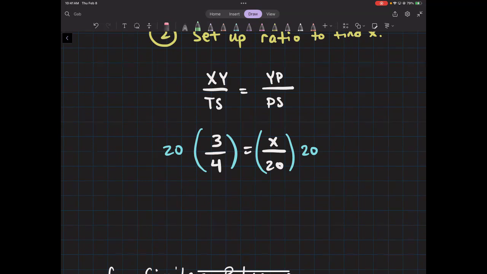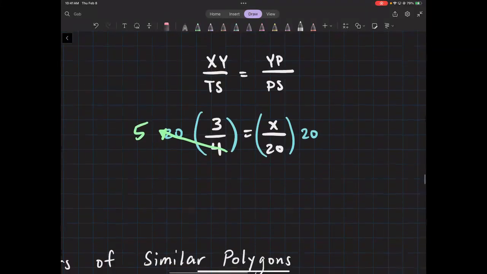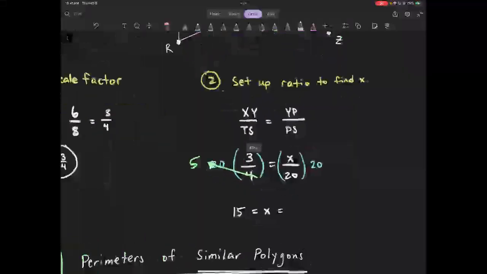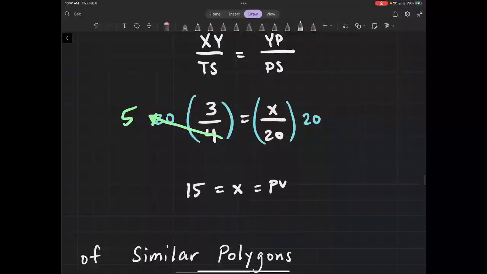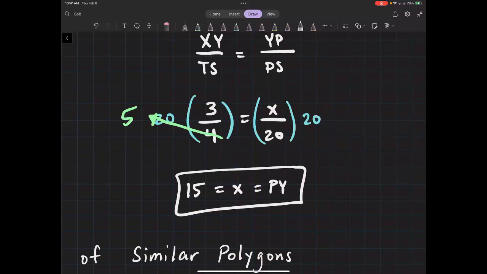I think I did this with you guys. In my head, I do 20 divided by 4. That becomes 5. So 5 times 3 is 15. So 15 is equal to x, which is also PY. Because x is the same as PY, just put another equal sign.